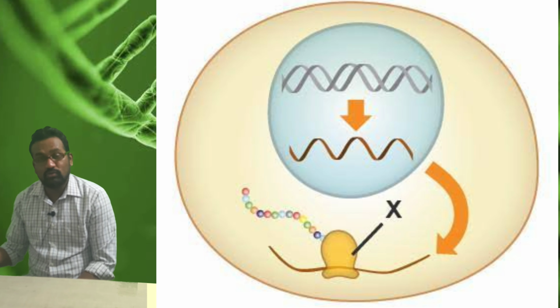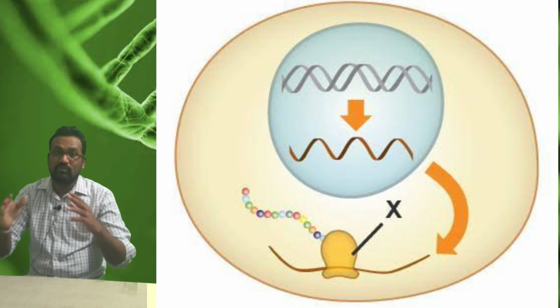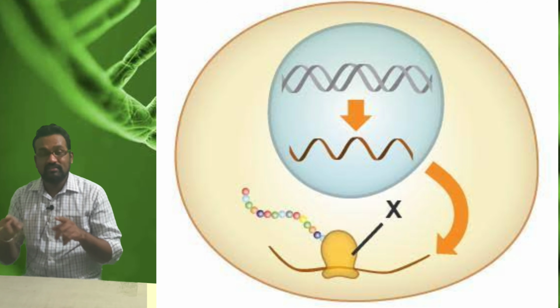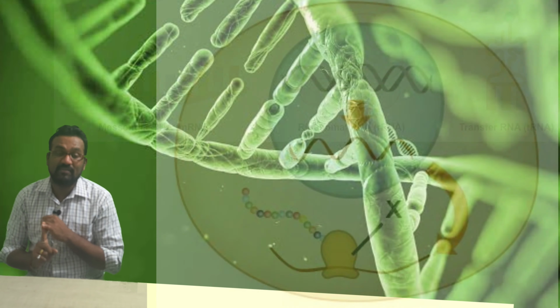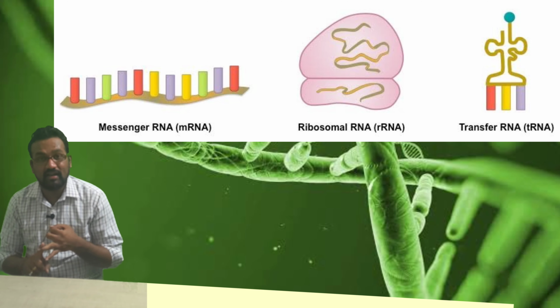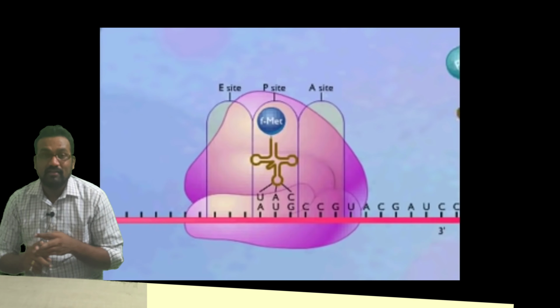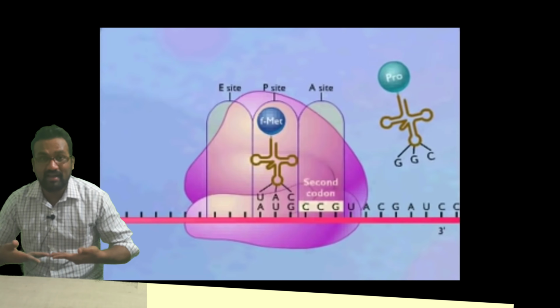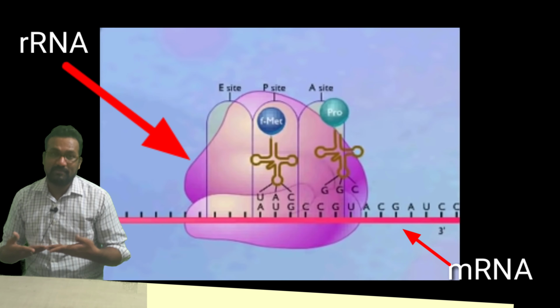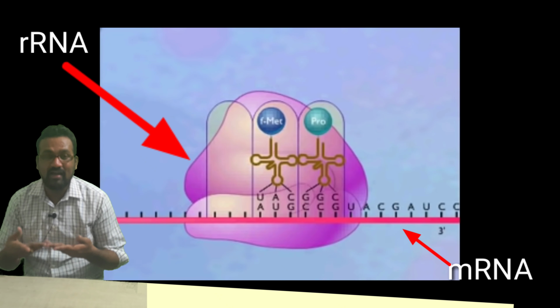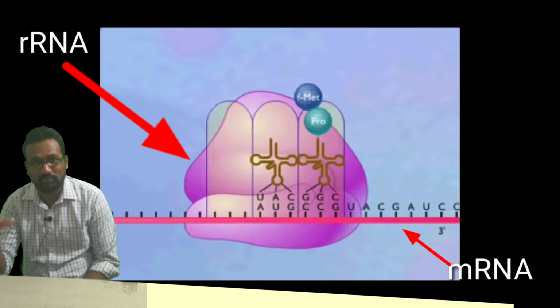RNA goes outside the nucleus, and outside the nucleus there is cytoplasm. In the cytoplasm, with the help of three different RNAs, mRNA, rRNA and tRNA, the information present in the mRNA, meaning messenger RNA, is read by the rRNA which is present in the ribosome.